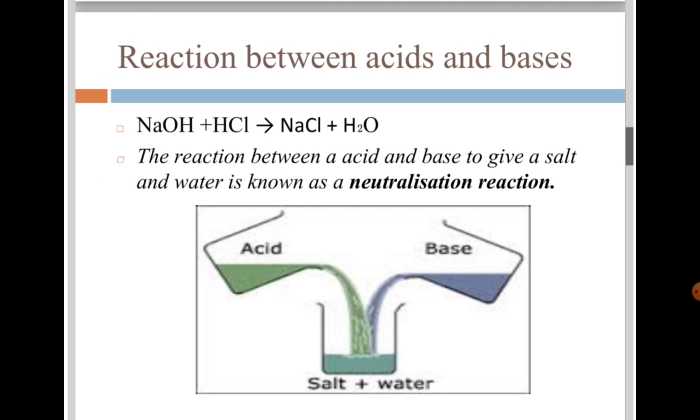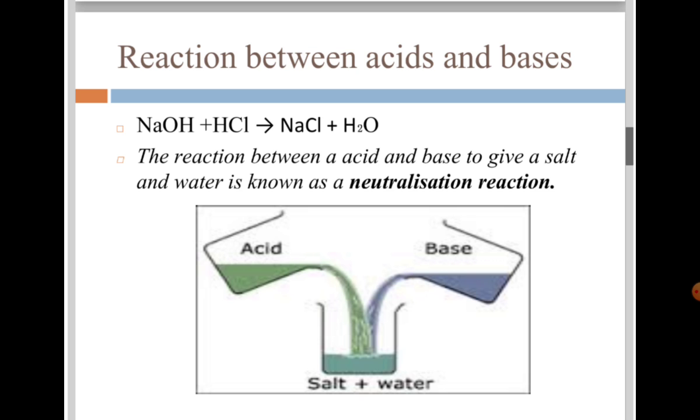Reaction between acids and bases. NaOH plus HCl gives NaCl plus H2O. I told all the names, but again I will tell, because someone may skip. NaOH means sodium hydroxide.